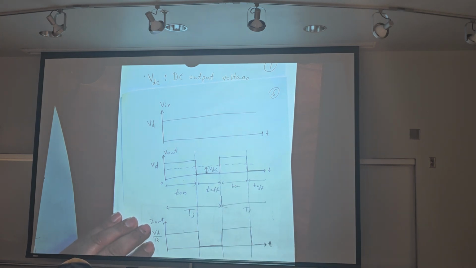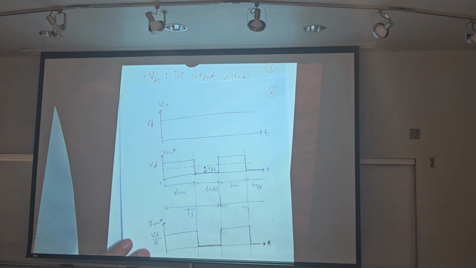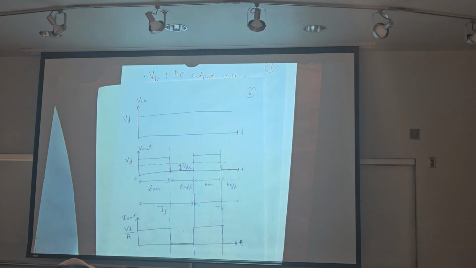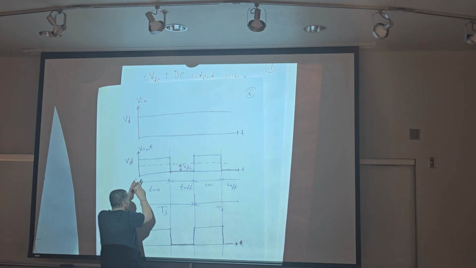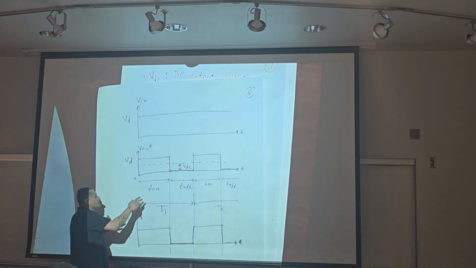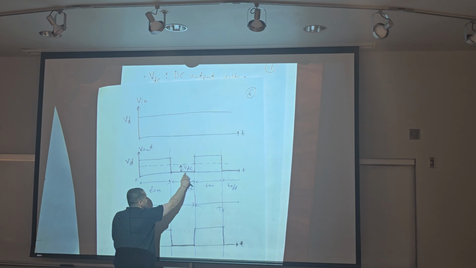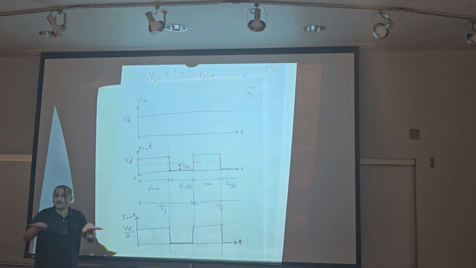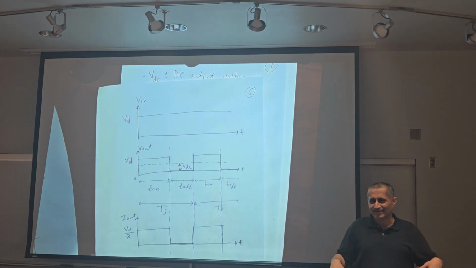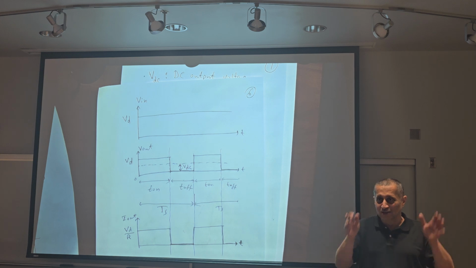The output is square, but I need this DC voltage, the average, which means the distribution of this area over TS, one period. This area is on, but here it's 0. So it is the average of this area over all the period, not just T on.